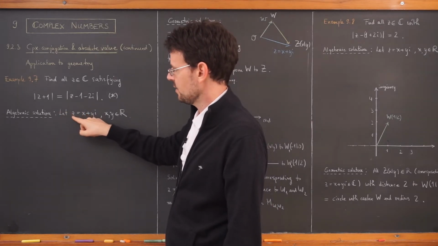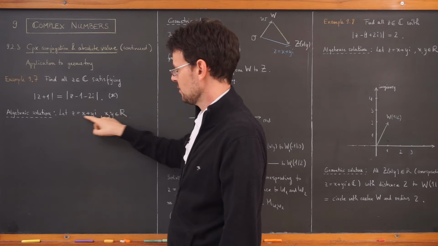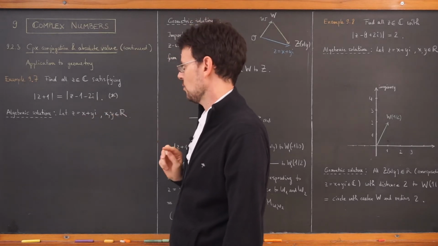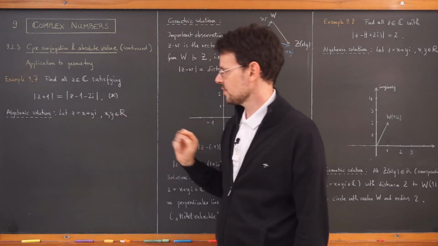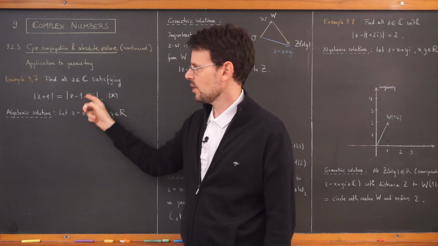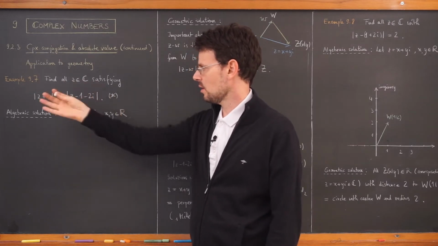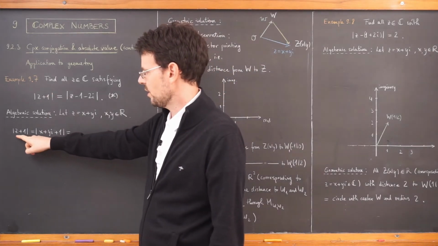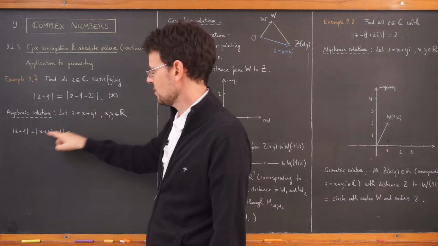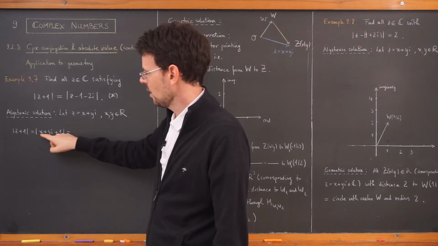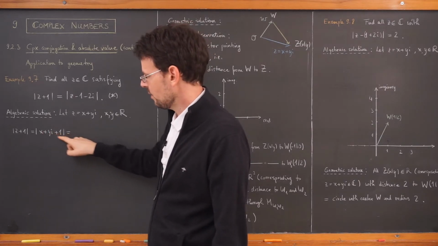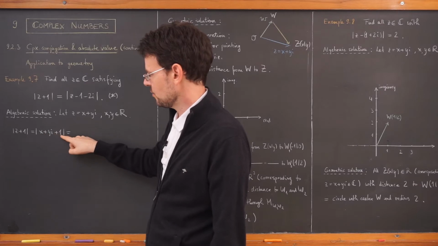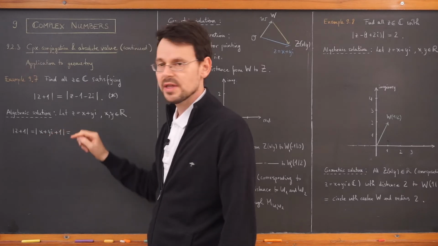For this we write z as x plus yi, as always very important that x and y be real numbers. And then we simply plug in and have a look at how the left and right sides turn out. On the left hand side we have z plus 1, which is x plus yi plus 1. To add these numbers, I add the real parts, so x plus 1, and the imaginary part stays y.